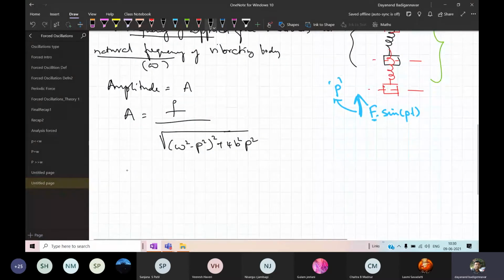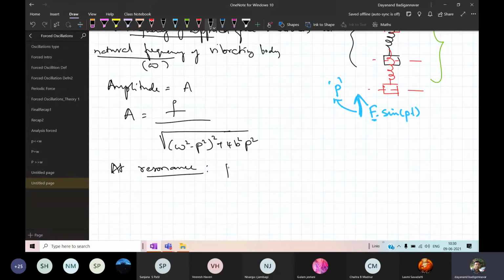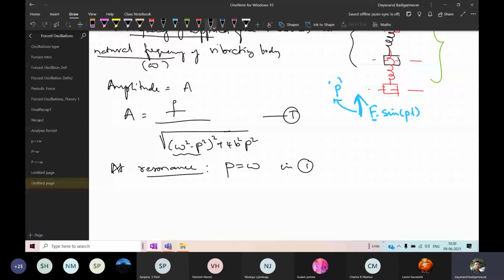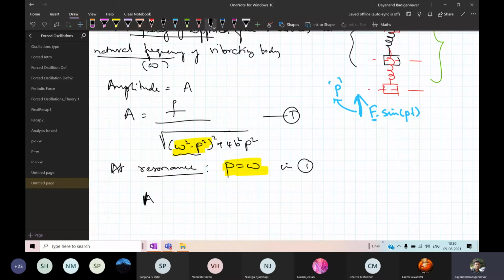Therefore, at resonance, P is equal to omega. If P is equal to omega, the term omega square minus P square becomes 0. Therefore, A becomes maximum. A maximum is equal to F divided by, the first term vanishing, 4B square into P square.